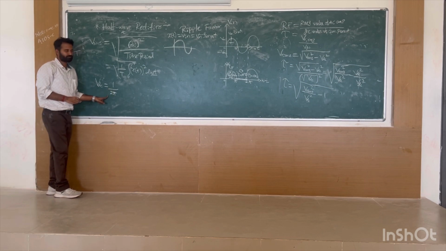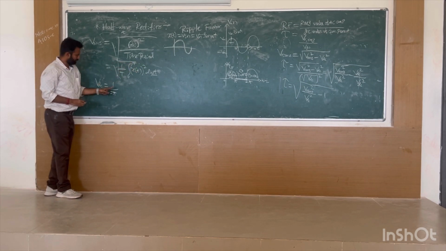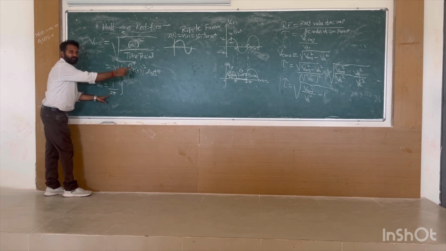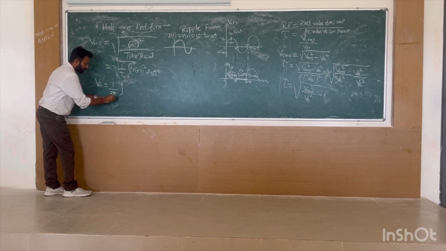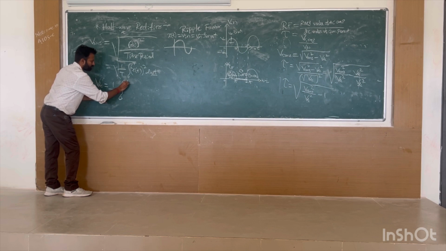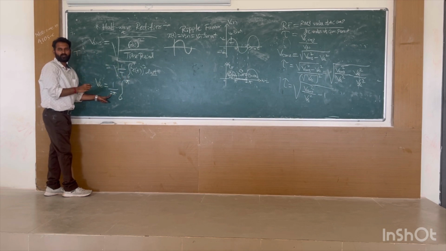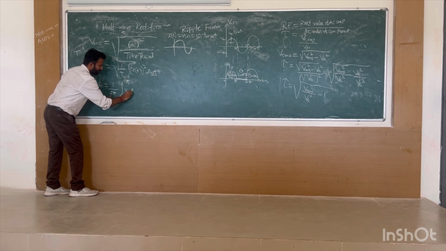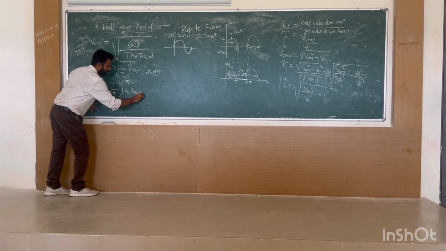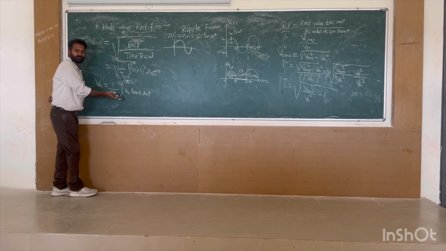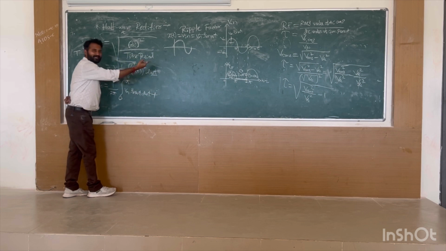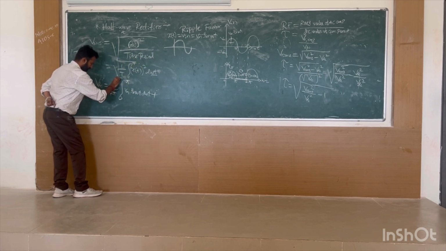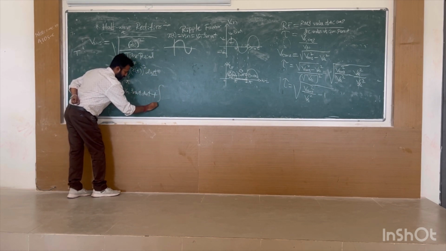I will write 1 by 2 pi, since my time period is 0 to 2 pi. What is the first range? 0 to pi. What is my output? Vm sin omega t d omega t. This is the first output. Plus, what is the second range? Pi to 2 pi.